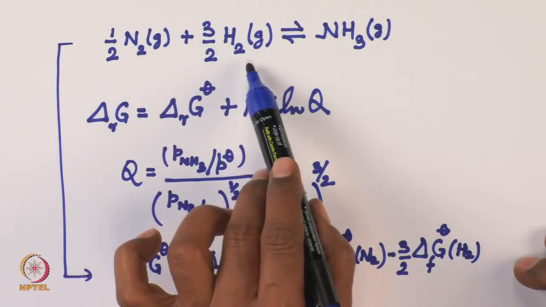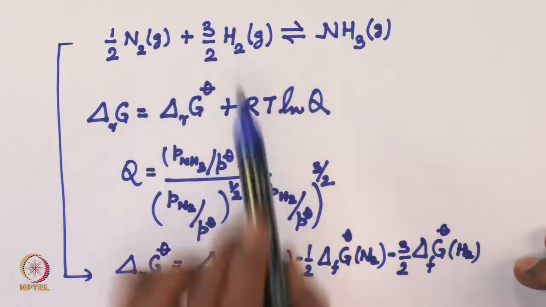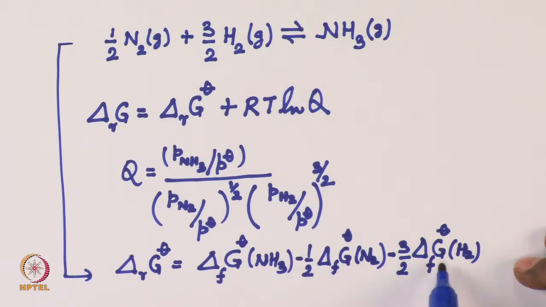Nitrogen and hydrogen being elements, their free energy of formation is 0. Therefore, the standard reaction Gibbs energy is equal to the Gibbs energy of formation of ammonia, and that information we can substitute in the slide over here.